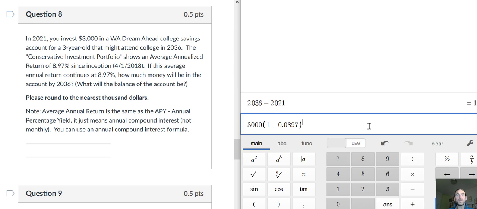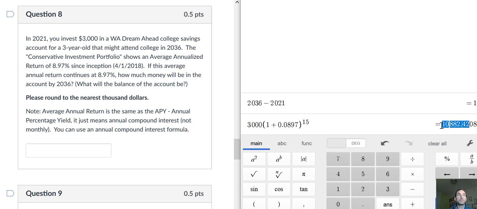So after 15 years, we'd have what? $10,882.42. Okay. So that would be the answer to the nearest cent.